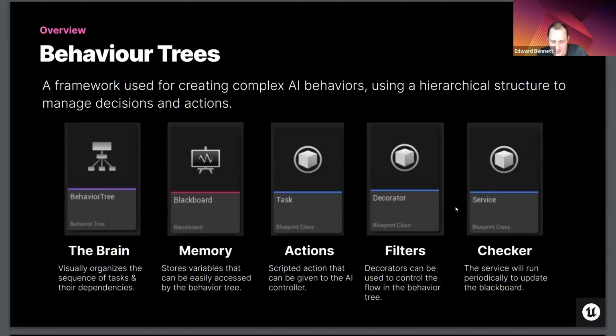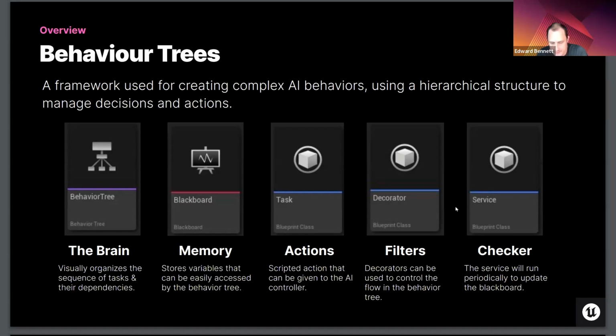Next up, we have a task, and a task is just an action, but rather than being code in a function on a specific class or actor, this is a class in its own right. And this allows it again to be very modular. We can reference it multiple times, and we'll be able to reference tasks in multiple different behavior trees.